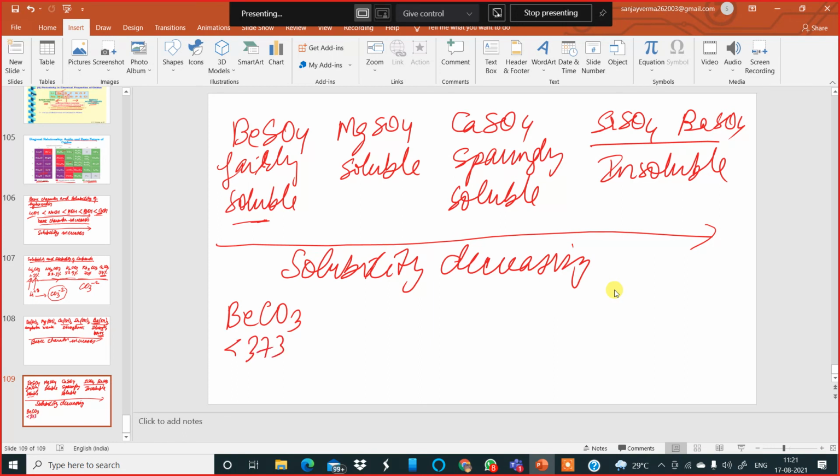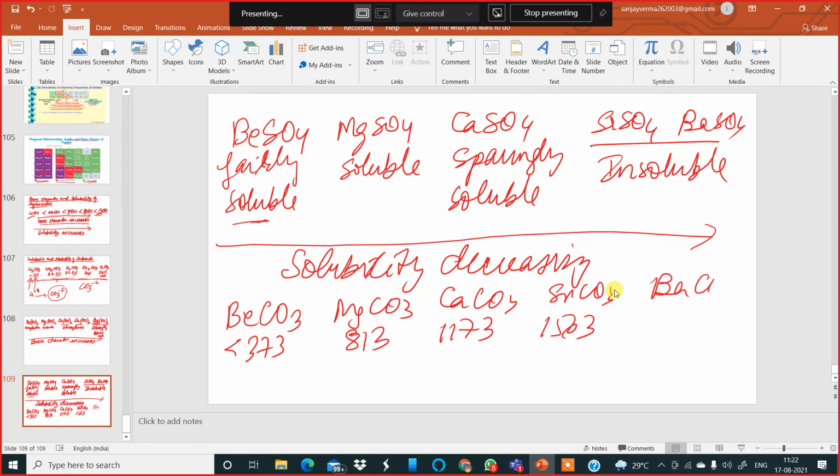For magnesium carbonate, the temperature required to decompose is 803 Kelvin. For calcium carbonate, it is 1173 Kelvin. For strontium carbonate, it is 1563 Kelvin. And for barium carbonate, it is almost 1635 Kelvin.